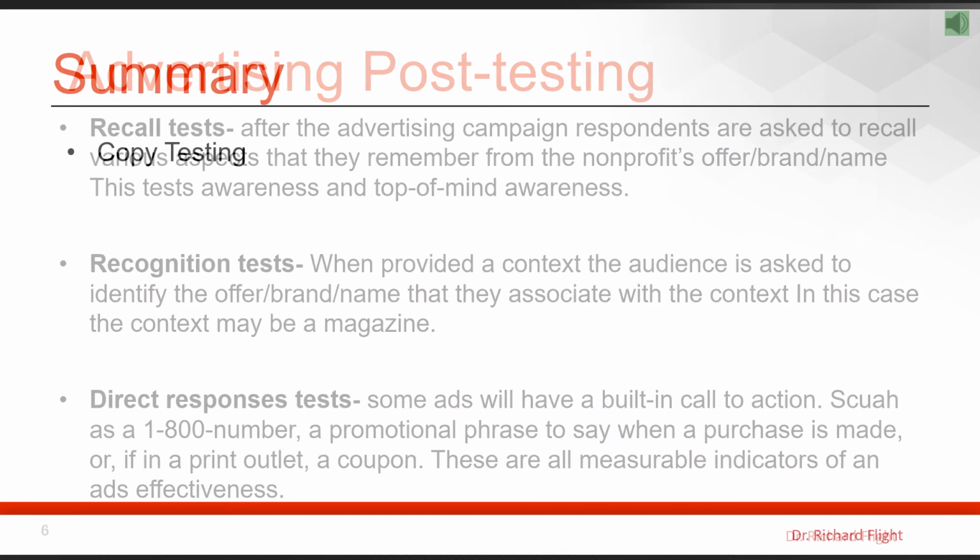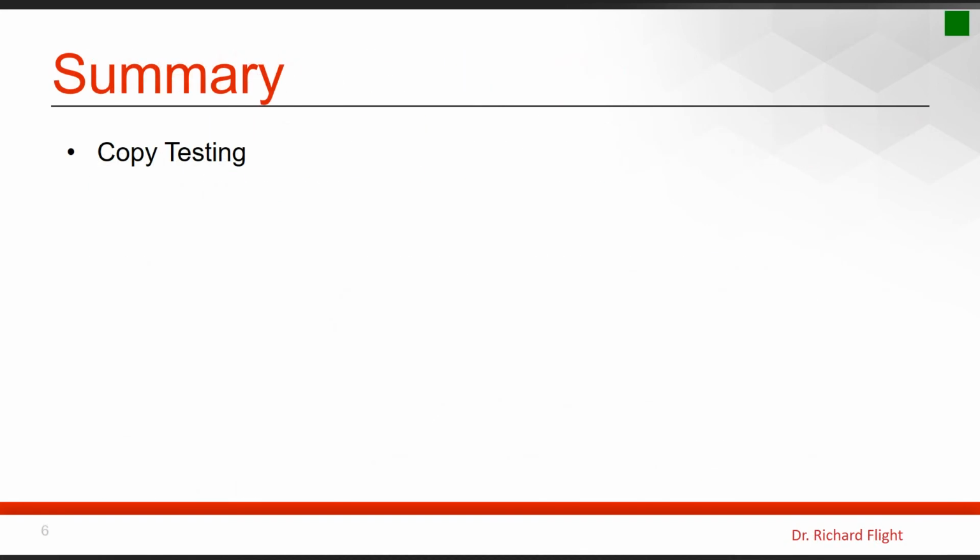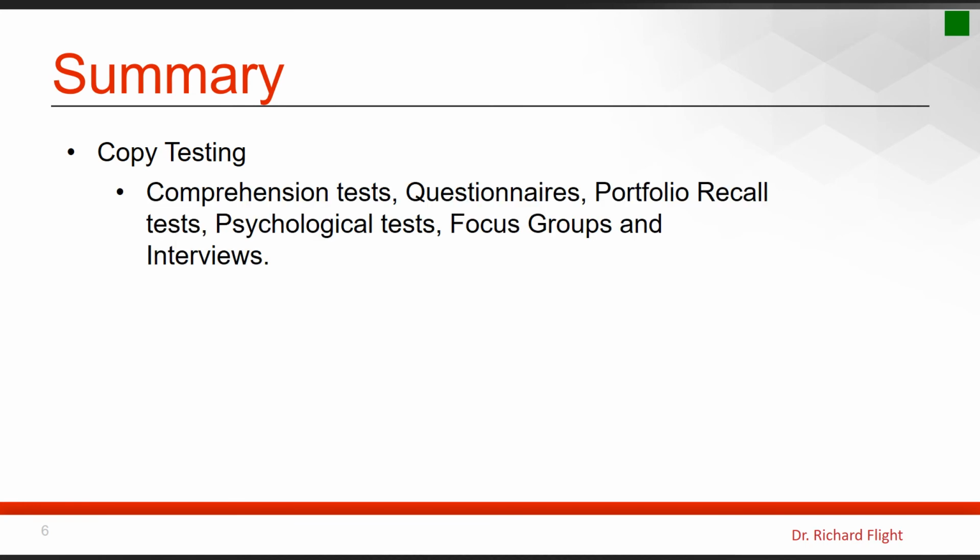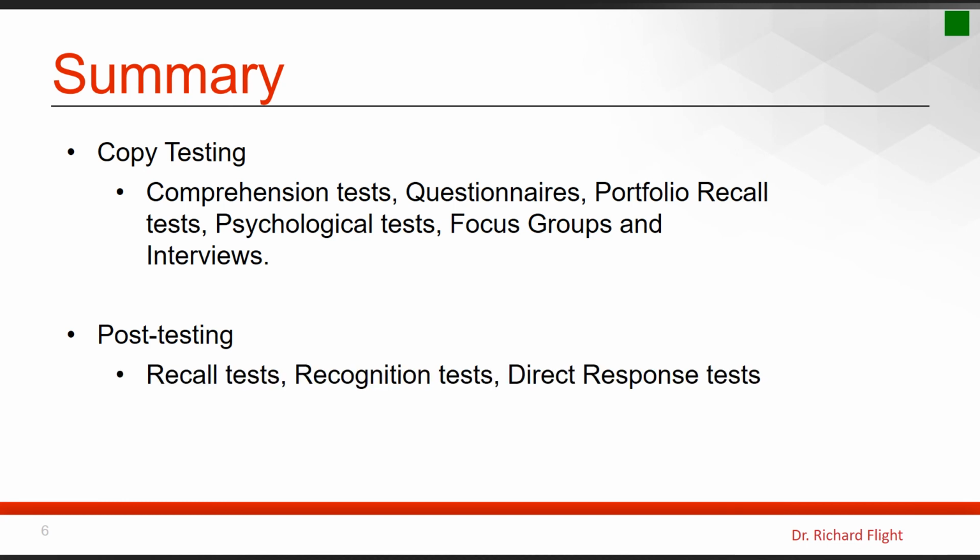So testing happens in a lot of different places. We do copy testing, which may include comprehension tests, questionnaires, portfolio recalls, psychological tests, and things like that. Oftentimes those are pre-tests, we want to test this before the ad is actually run. And then we also have our post-test items as well: recall tests, recognition tests, and direct response tests.